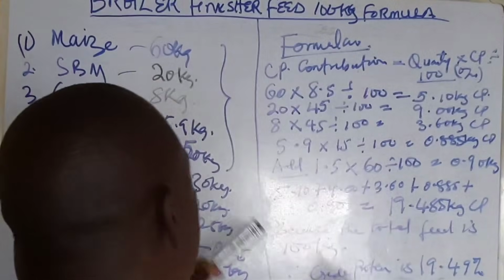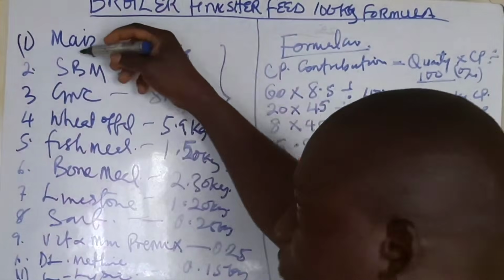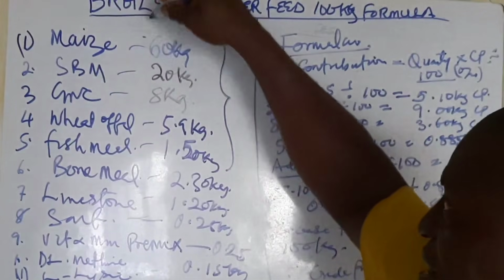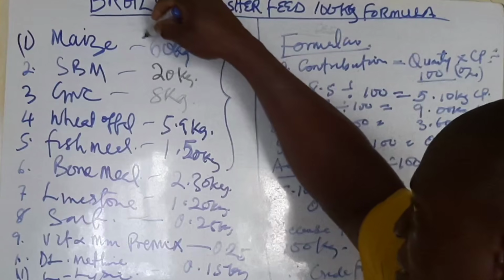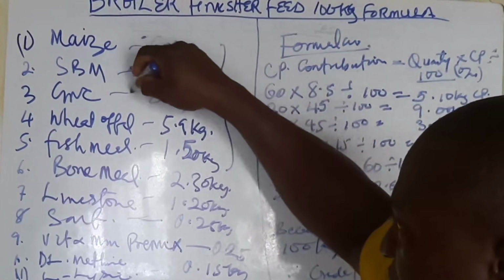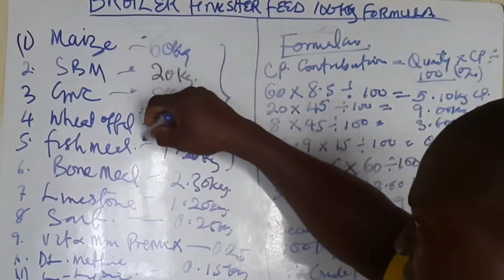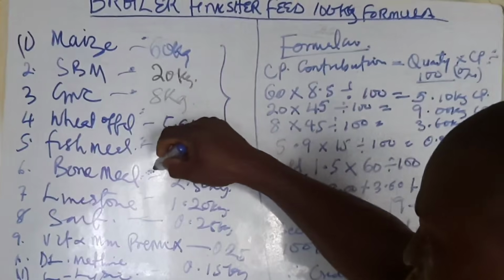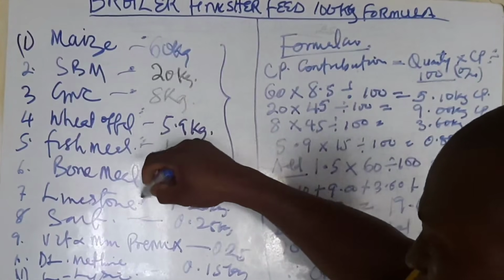All these products have their natural compositions. They have the fat, they have energy here, they have the crude protein. This one has energy, fat, and crude protein. This one has minerals also. You can see calcium. This one has calcium, phosphorus, and others.